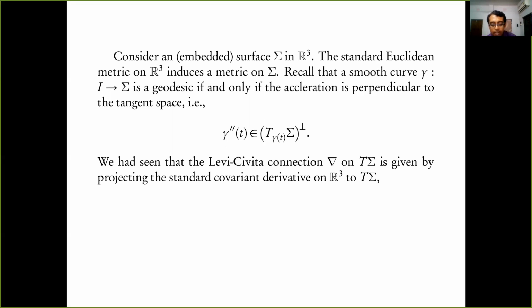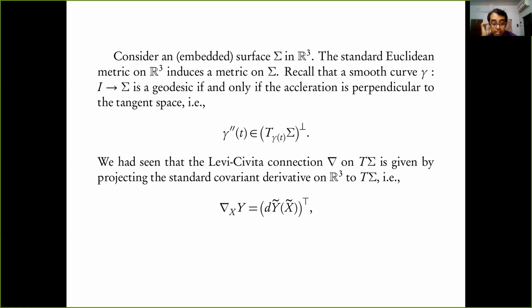We have seen that if you have a manifold which has a Riemannian metric, so it has a Levi-Civita connection, and it has a submanifold, then you can take the usual Levi-Civita connection of x with respect to y, and then you have to project this onto the tangential part of the submanifold to get the corresponding Levi-Civita connection of the submanifold with respect to the induced metric.